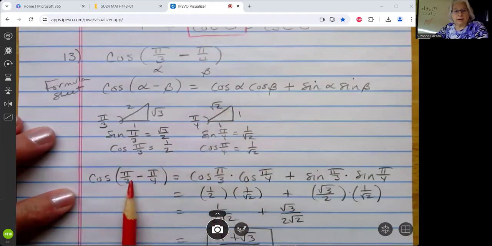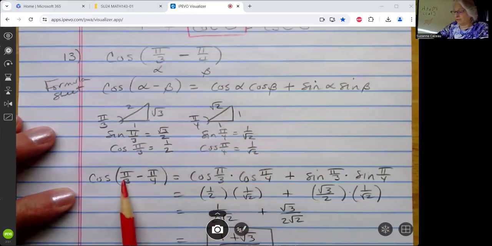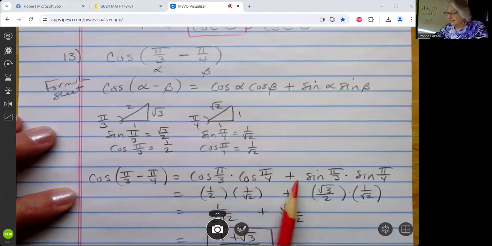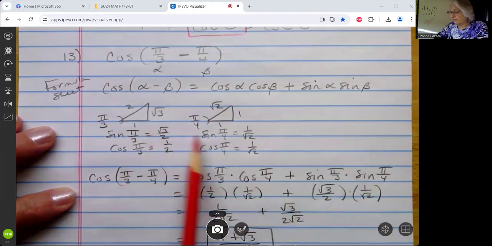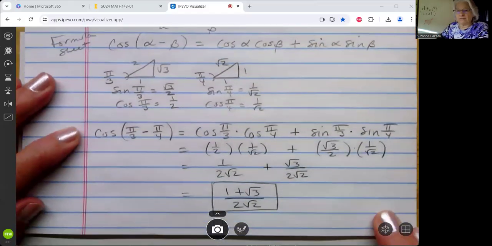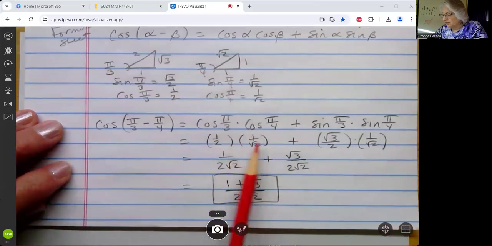So cosine of pi over 3 minus pi over 4 is cosine pi over 3 times cosine pi over 4, because this is alpha, this is beta, plus sine of pi over 3 times sine of pi over 4. It's just per formula. Some people have trouble with the math here, but you're just multiplying.